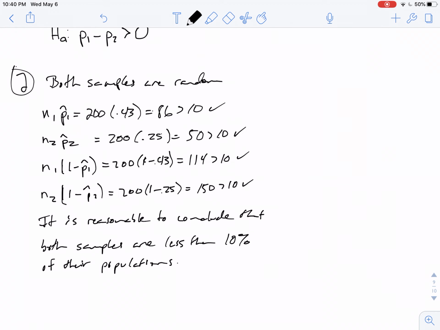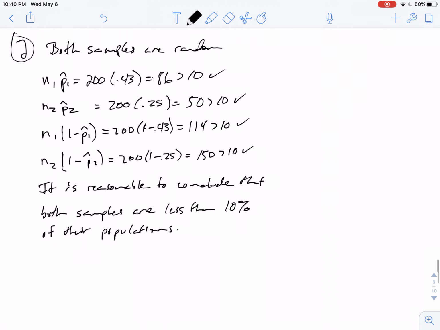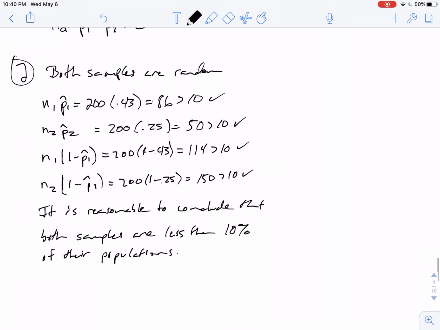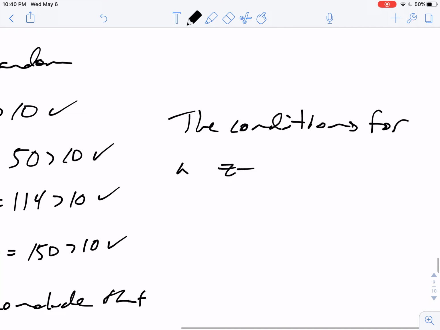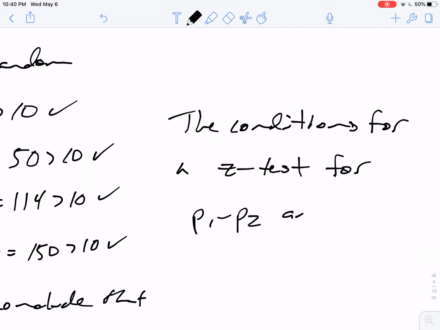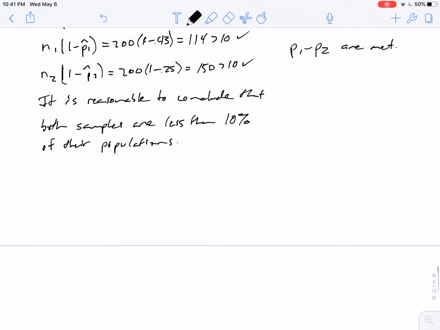All right, so that is the condition. Now I just want to name my procedure. Let's move over here. We could say the conditions for a z-test for P1 minus P2 are met. All right, step 2 is done.